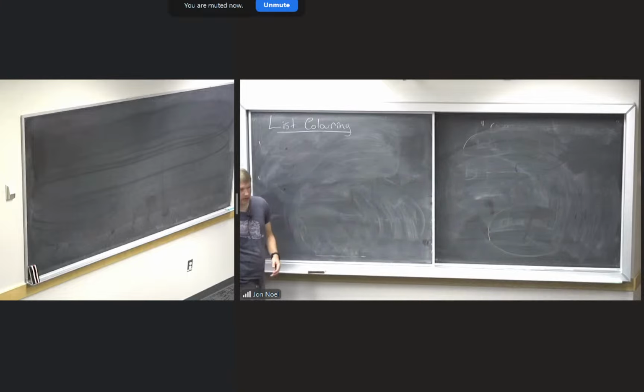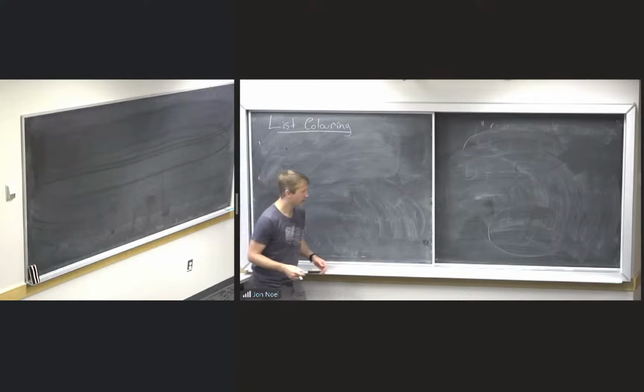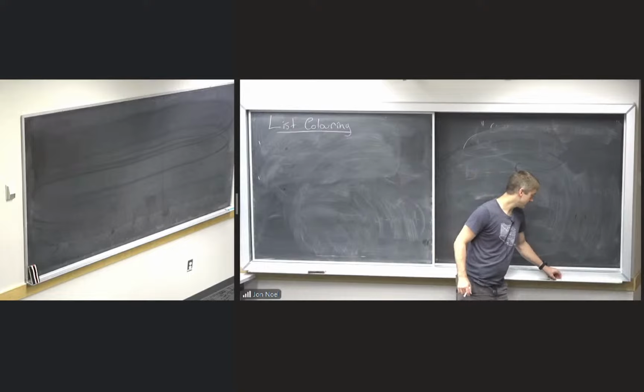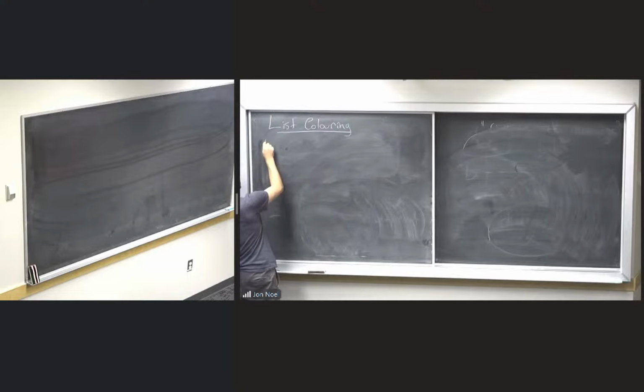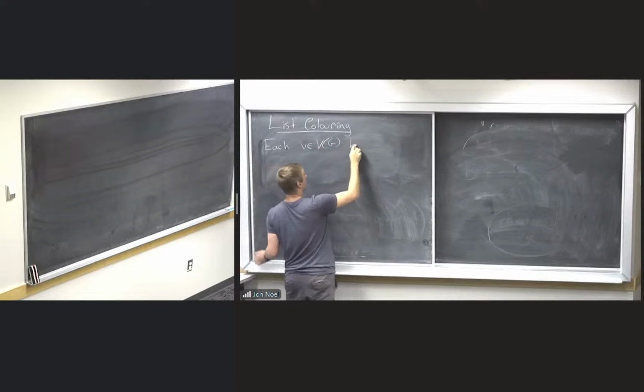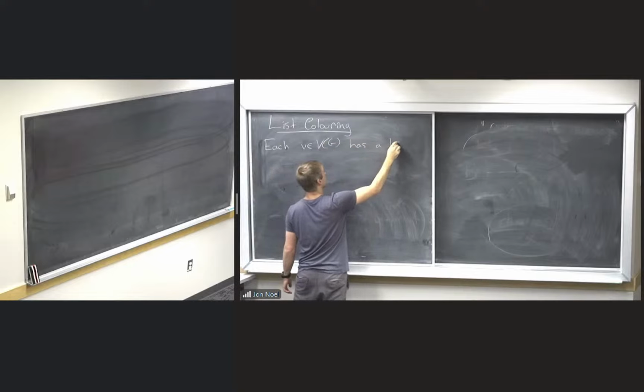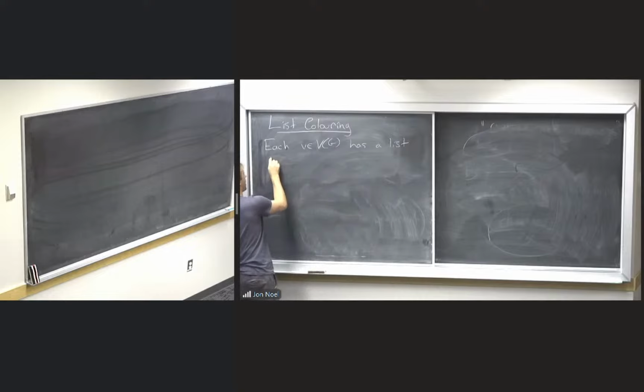Okay, so this time we're doing list coloring. I kind of introduced this last time, but let me briefly remind you what it is. Each vertex in a graph G has a list L(v) of colors.